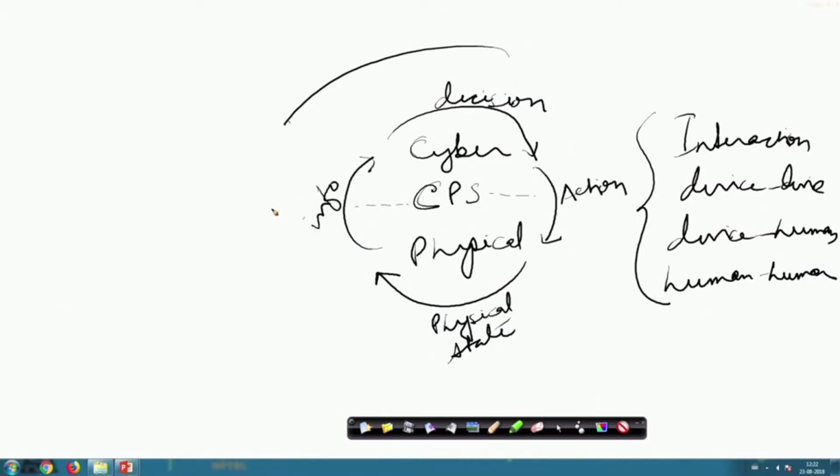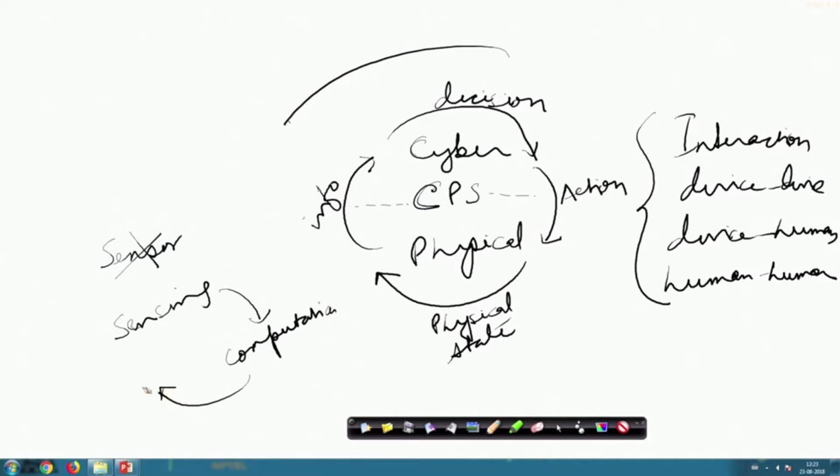So, what we have essentially is some kind of a loop between sensing, then computation, and then control.